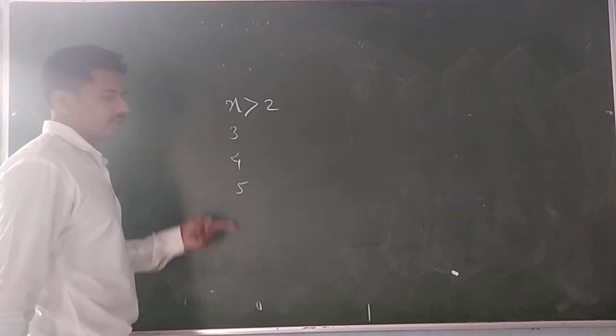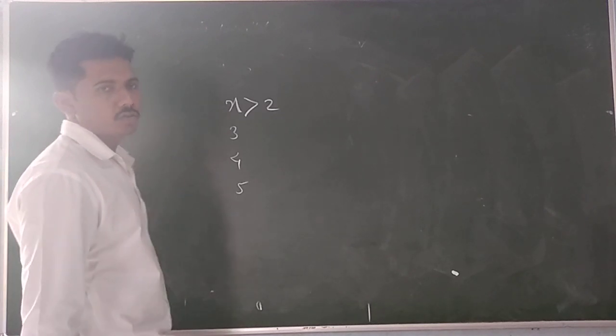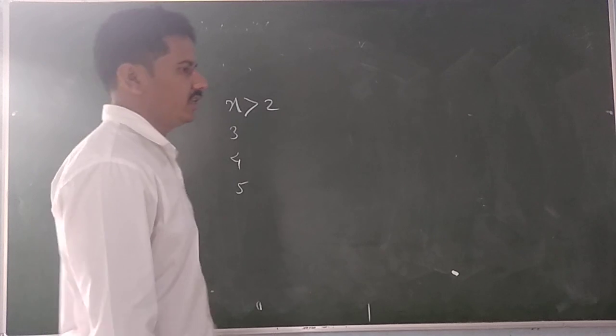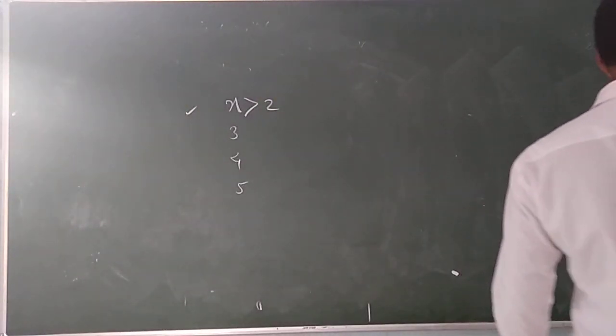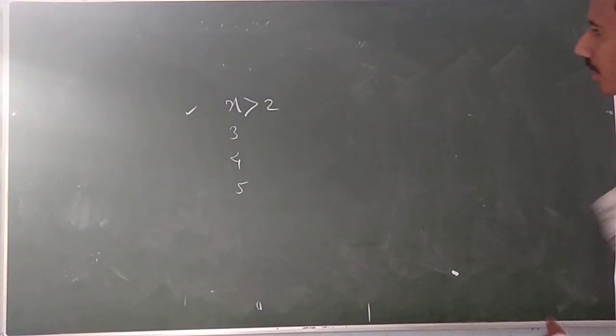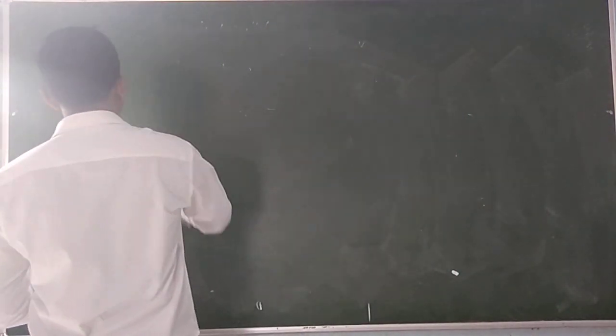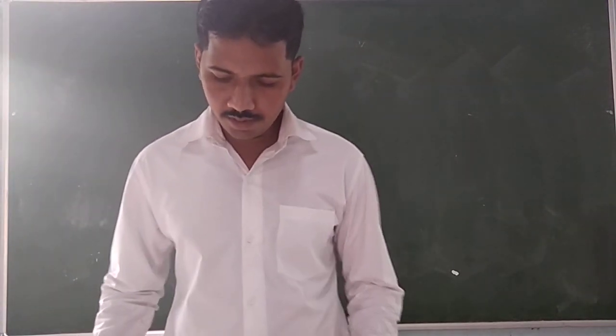All these sets are called the solution of this linear inequation. Why do we call it linear inequation? Because its degree is 1. Quadratic is order 2, linear is degree 1.